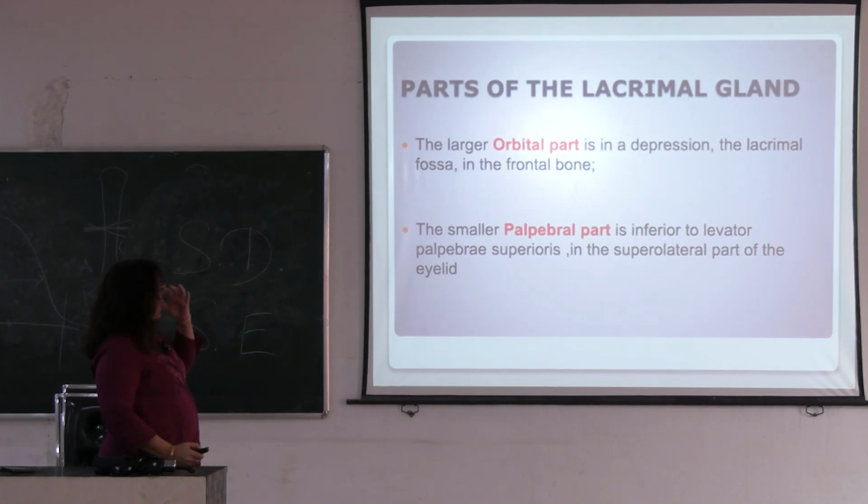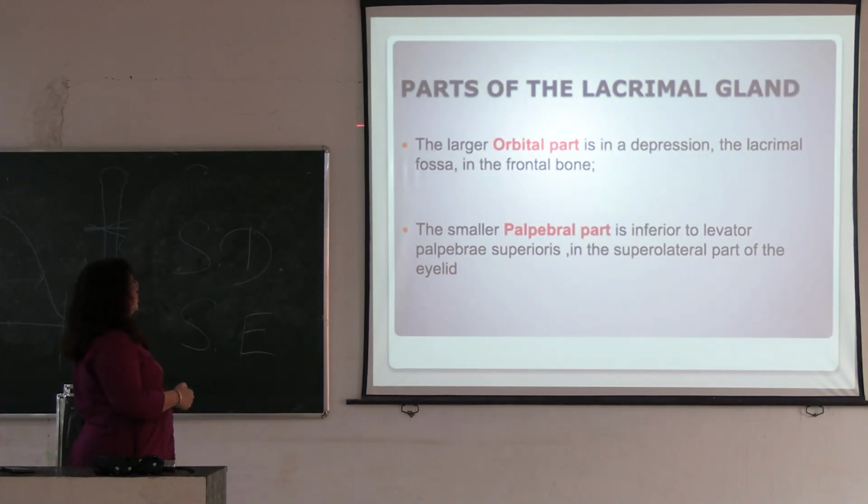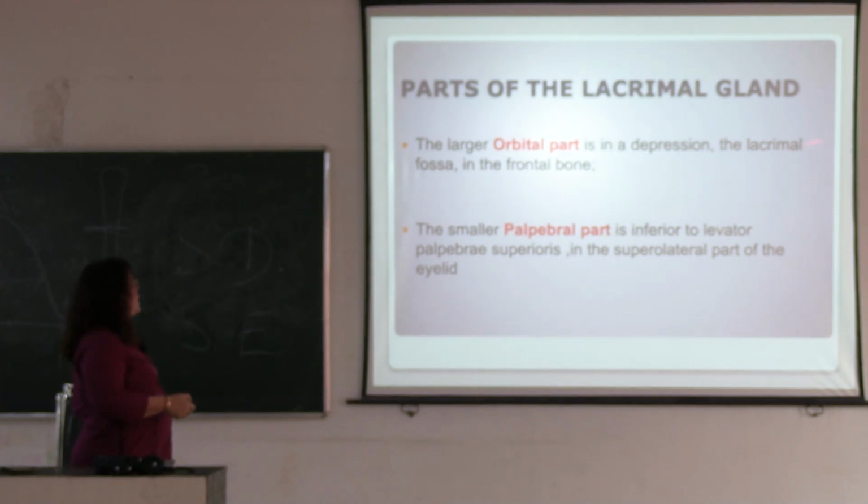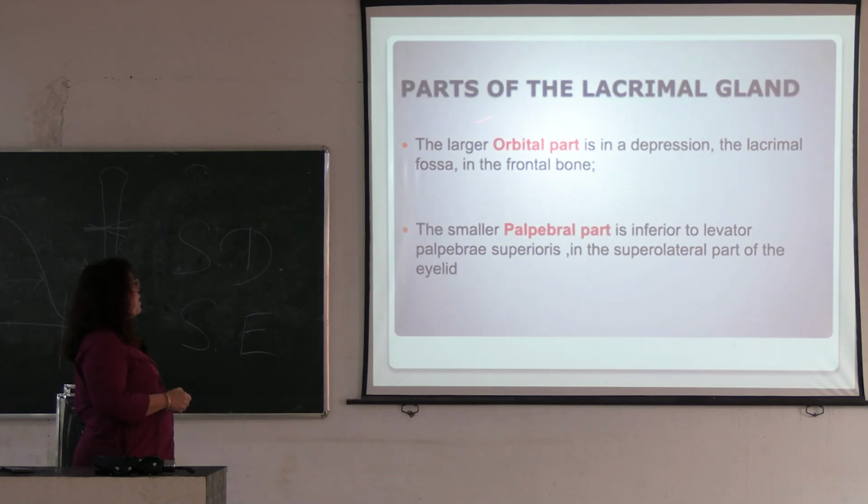Then parts of the lacrimal gland. Orbital part is larger as compared to the palpebral part. Okay. Then orbital part, there is a depression that is called the lacrimal fossa, which is present in the frontal bone, where this orbital part is situated, and the palpebral part is smaller.